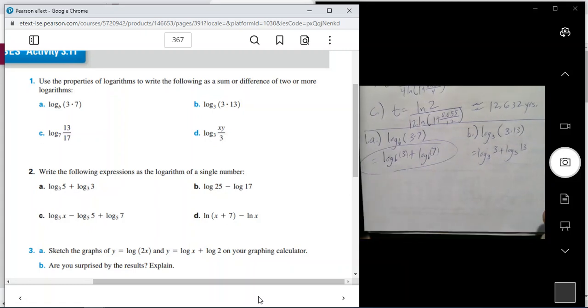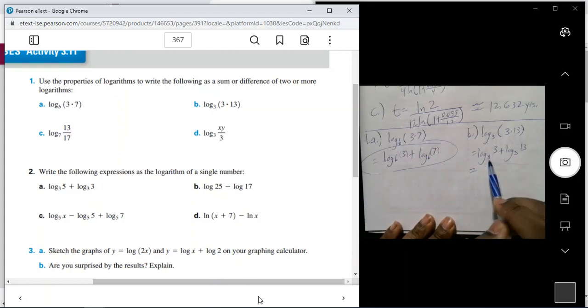Now, this requires one extra step, because if you notice, the base and this value here are the same. We learned this in the previous section, I think it was 3.9, where if the base and this value are the same, they simplify out to 1. So this actually becomes 1 plus log base 3 of 13. That will be your final answer.